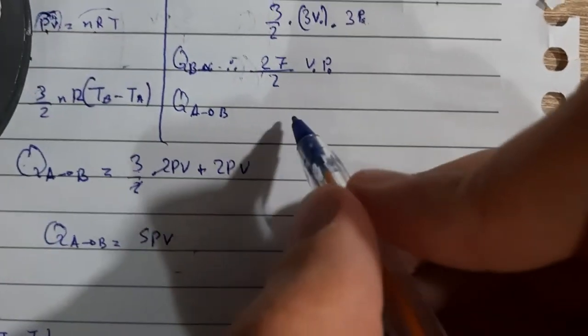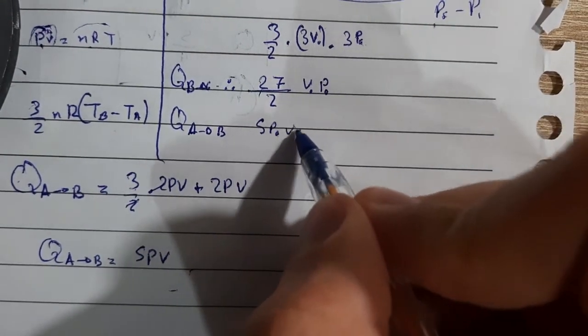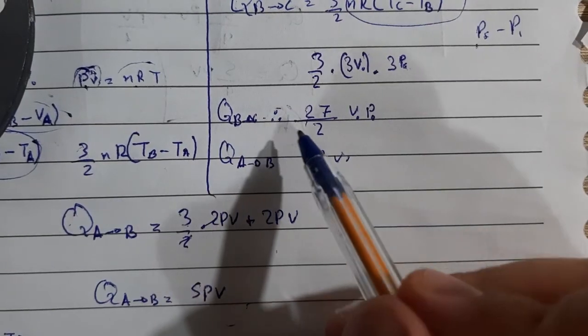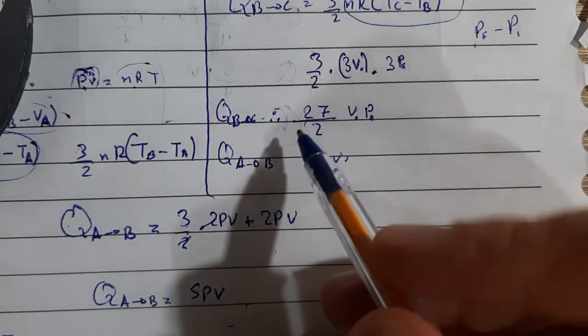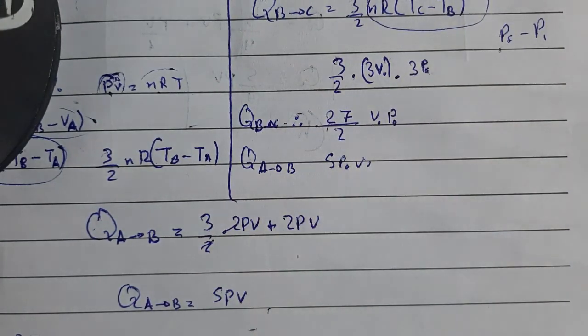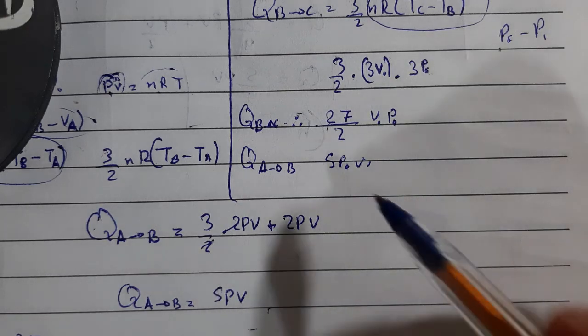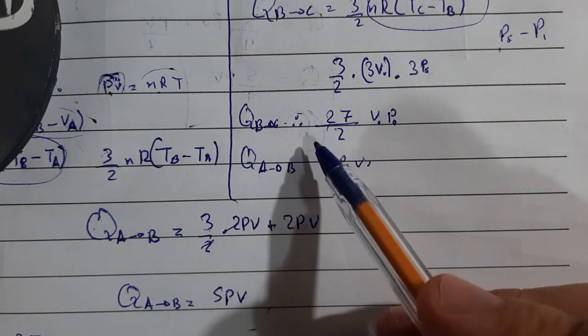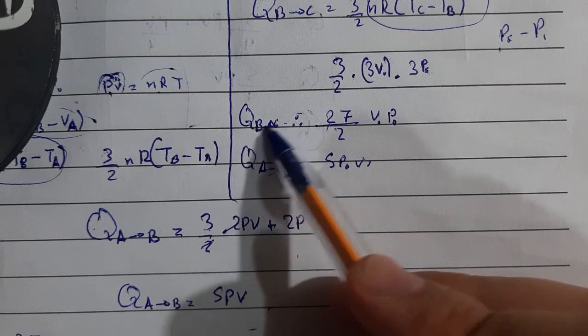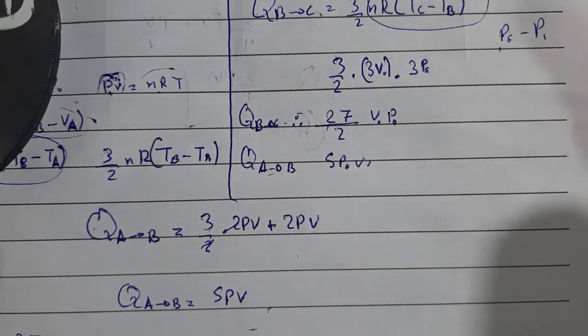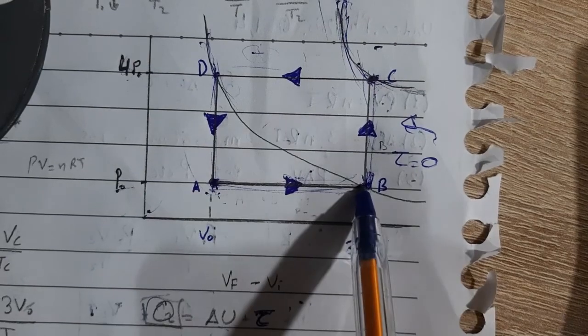Now look, the heat from B to C is much higher. It is more than twice. So B to C received more thermal heat than A to B.